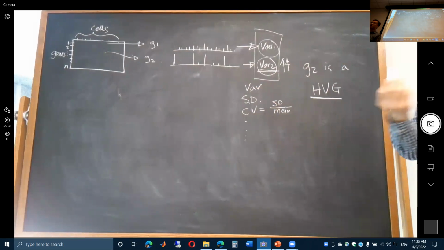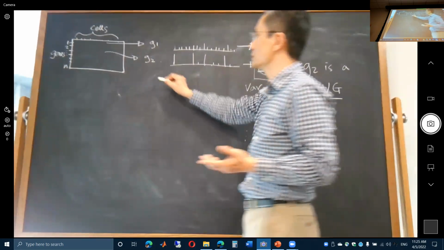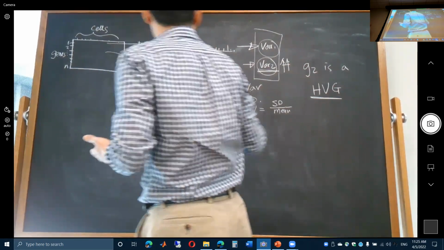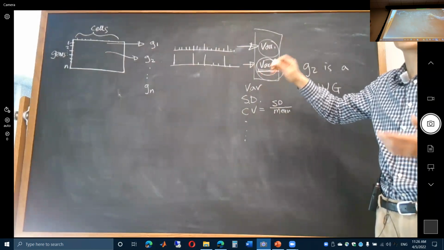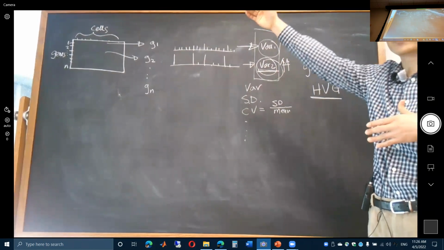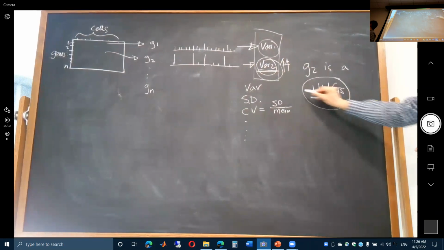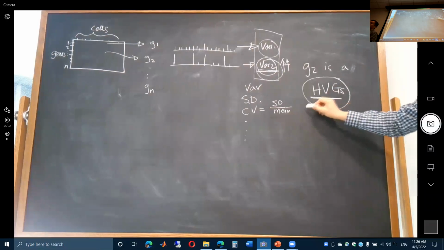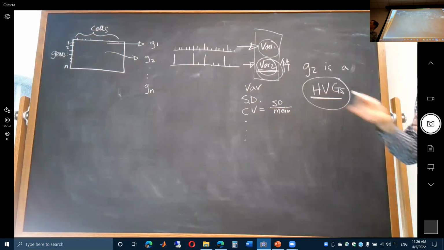Since it's very easy, we just look at the variance of all the genes, compare them, and separate genes with large variance from those with tiny variability. Right? So the problem sounds very easy.